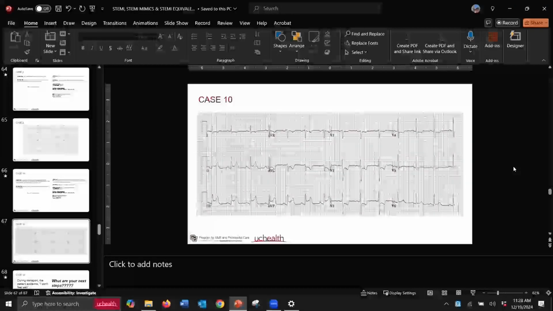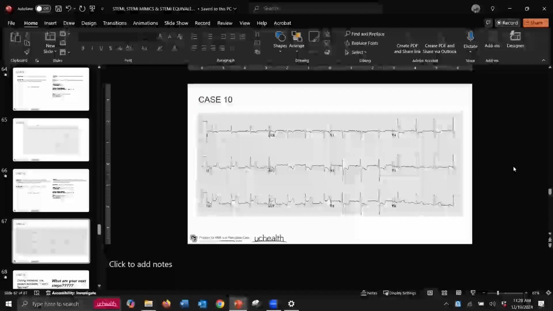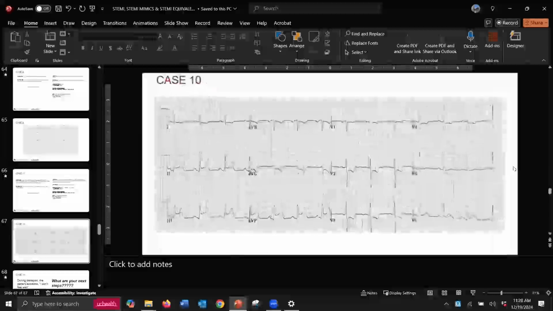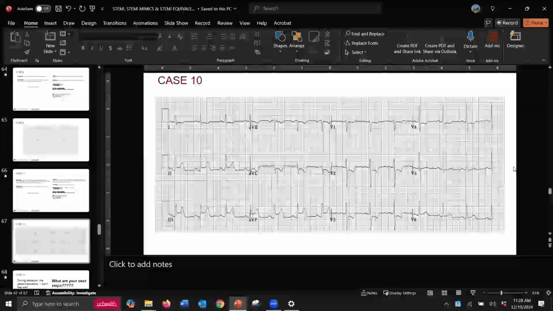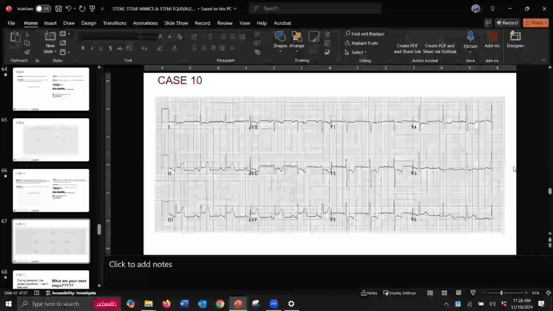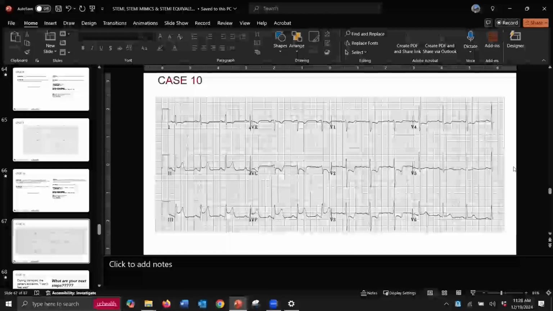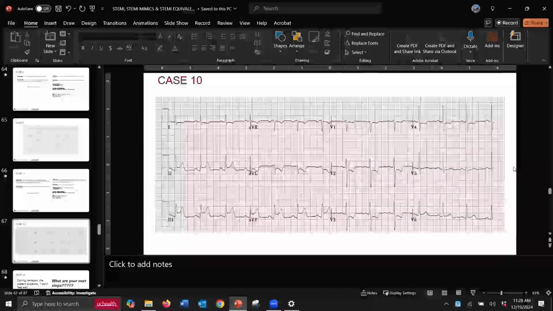Let me blow that up for you. Inferior elevation. In lead two, you've got ST elevation. Inferior, posterior. What are we seeing?